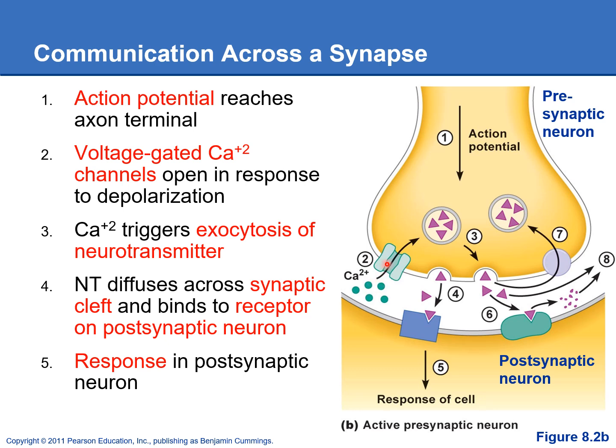Calcium will enter into the axon terminal, and that'll trigger the exocytosis of the neurotransmitter into the synaptic cleft. The neurotransmitter will then diffuse across the synaptic cleft and bind to receptors that are on the postsynaptic neuron or postsynaptic cell. And then we'll have a response in the postsynaptic neuron or postsynaptic cell.